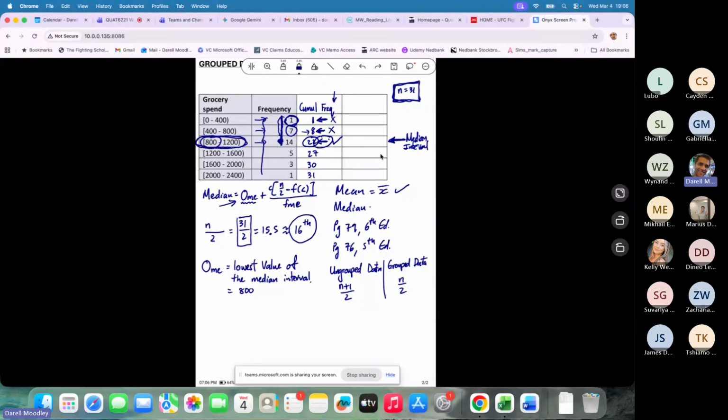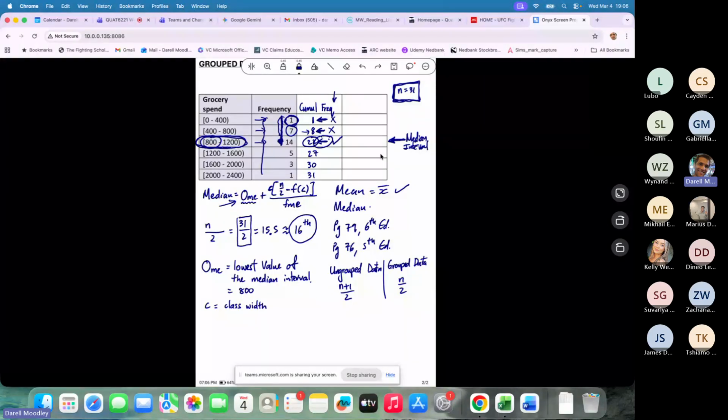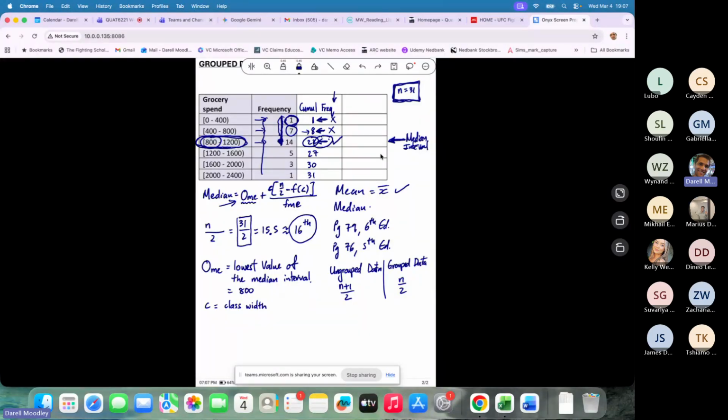The next symbol in this formula is C, and that is your class width. It's how wide the class interval is. That's easy to determine because if you look at the interval, it goes from 800 to 1200.